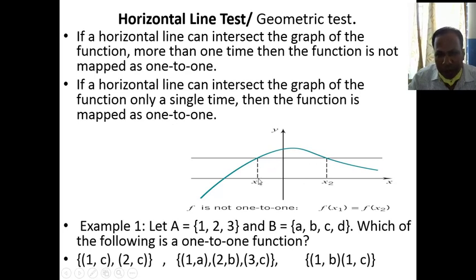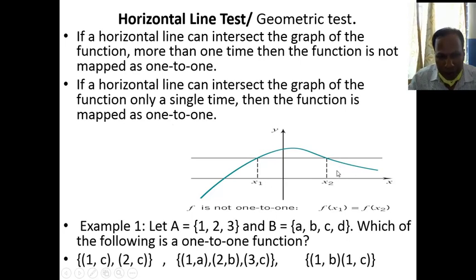Here x1 has image f(x1) and x2 has image f(x2), and from the graph it is very clear that f(x1) is equal to f(x2), but x1 is not equal to x2, so the function is not one-one. Contrary to this, if the horizontal line intersects the graph exactly at one point, then we say the function is a one-one function.